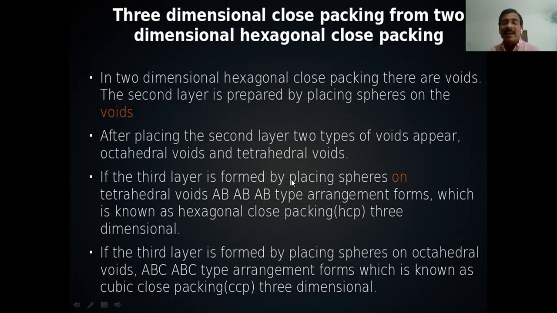If the third layer is formed by placing spheres on tetrahedral voids, an ABA type arrangement forms, which is known as hexagonal close packing or HCP, three-dimensional. If the third layer is formed by placing spheres on octahedral voids, an ABC type arrangement forms, which is known as cubic close packing, CCP, three-dimensional.